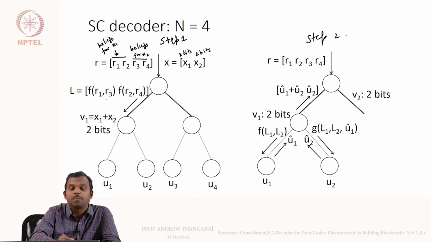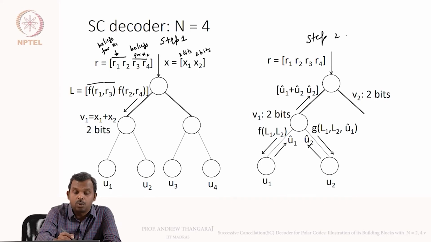You use min sum again. How do you use min sum? You use min sum on R1, R3. Why? This is the belief for X11, this is the belief for X21, this is the belief for X12, this is the belief for X22. And V11, the first bit of V1, is actually X11 XOR X21, right?